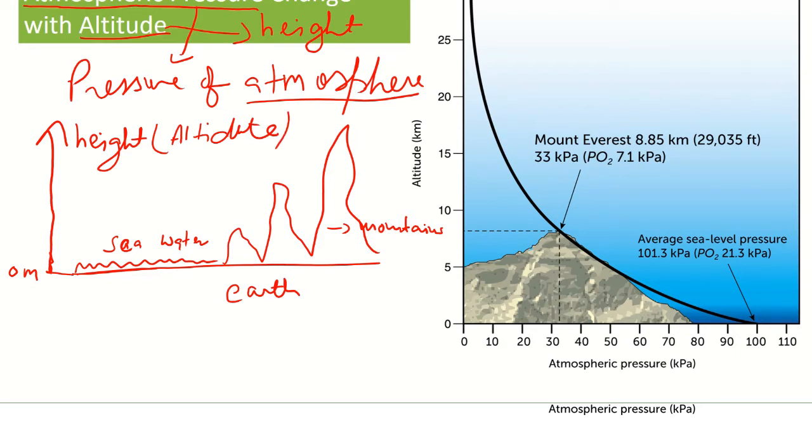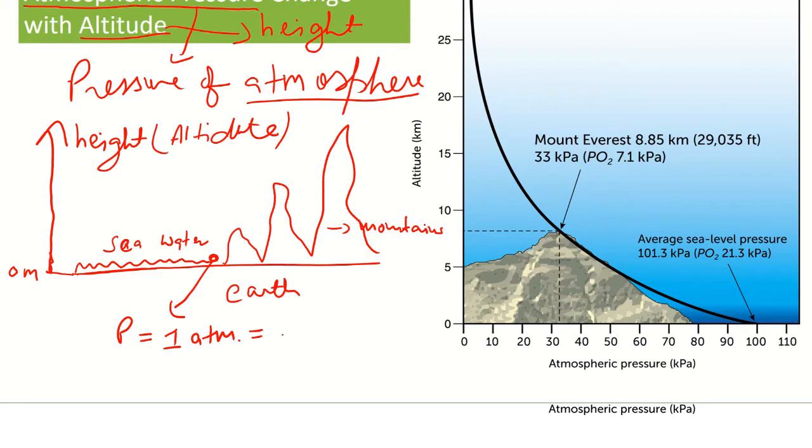So here we are going to learn, at the sea level the pressure of the atmosphere is fixed, and the value of the pressure is 1 atmosphere.